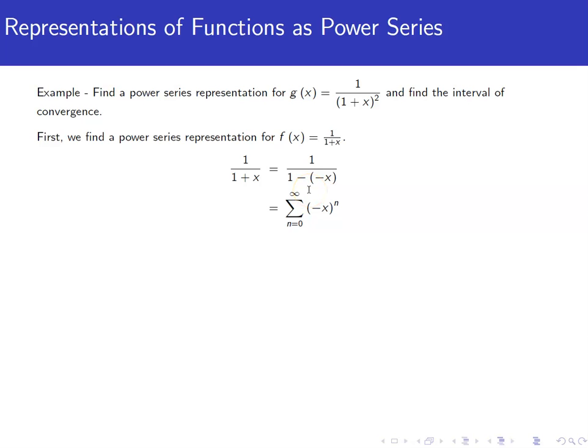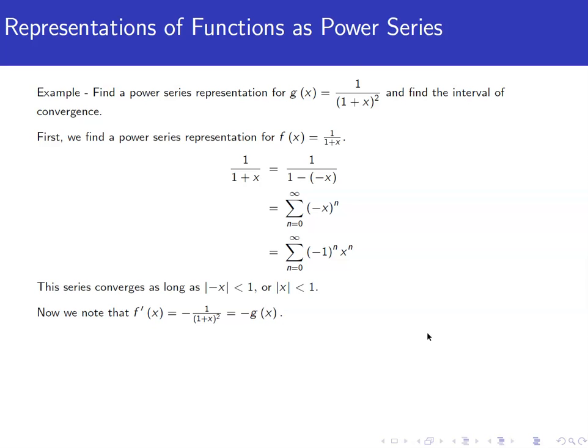So we'll get the sum n equals 0 to infinity of negative x raised to the nth power, or negative 1 to the n times x to the n. And this converges so long as the absolute value of x is less than 1, just like the original, because the absolute value of negative x is the same thing as the absolute value of x.